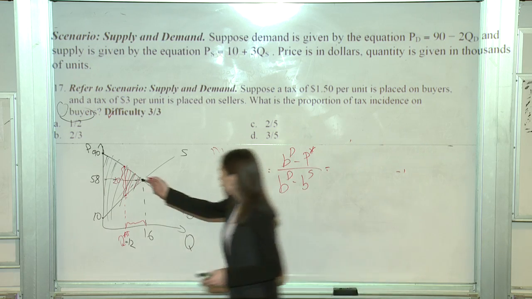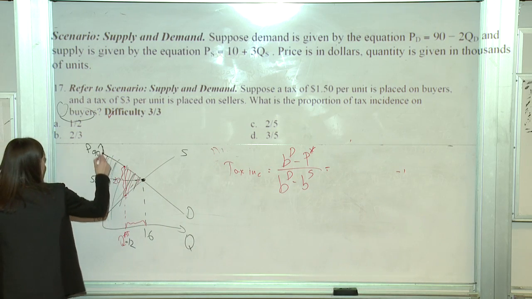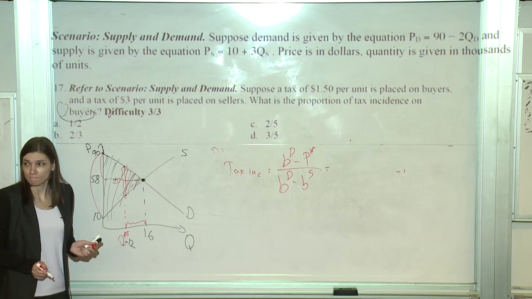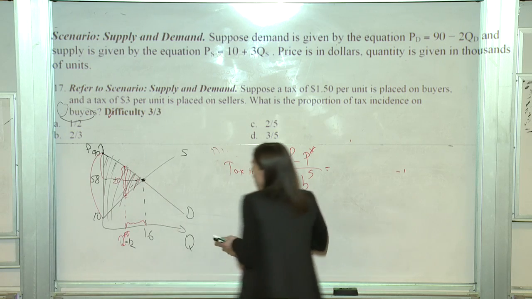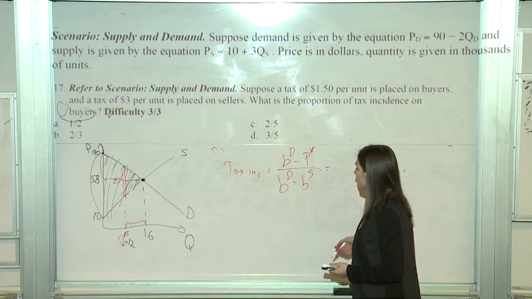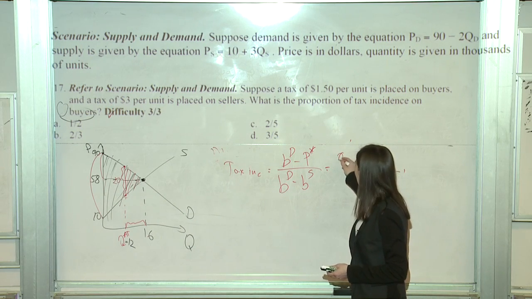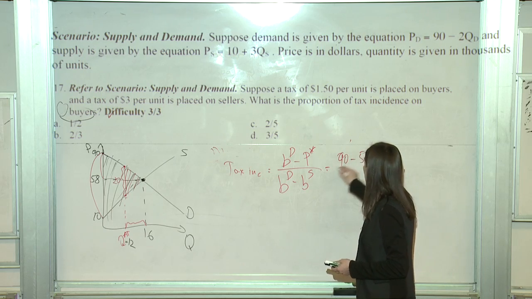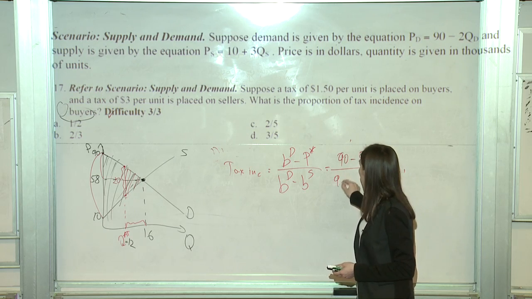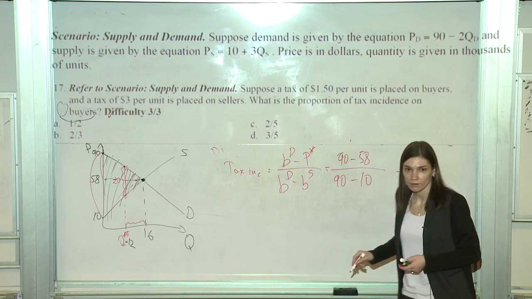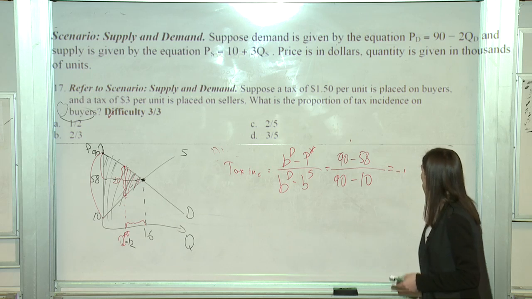So it's basically that divided by this whole thing. Agreed? Now, that's why when we have the graph, we can easily see what the numbers are. We've already figured them out. So it's 90 minus 58 divided by 90 minus 10. And this ratio would be, so what is it?